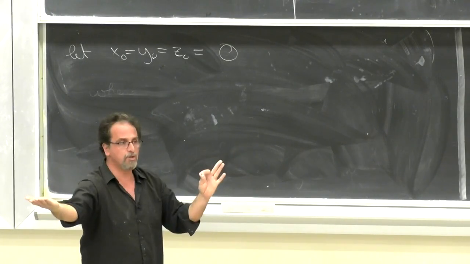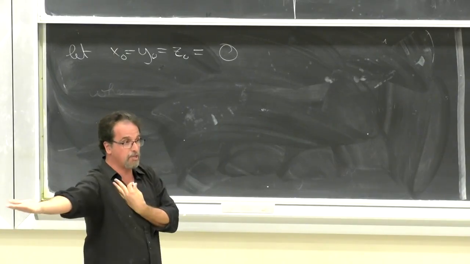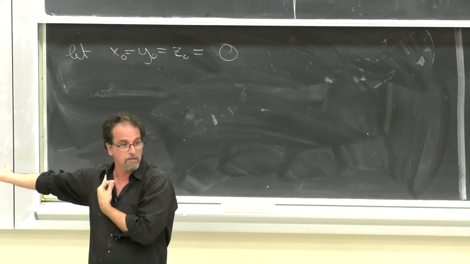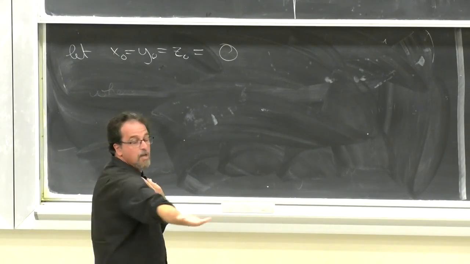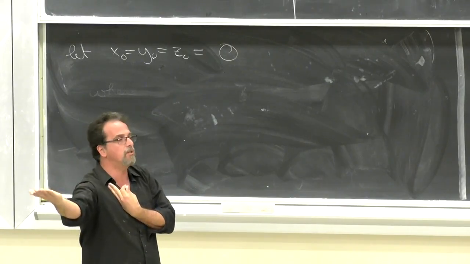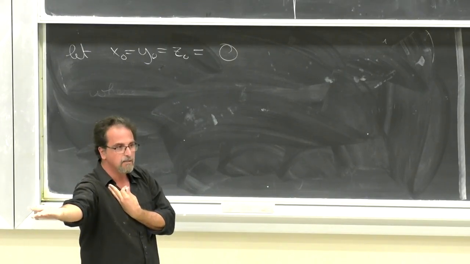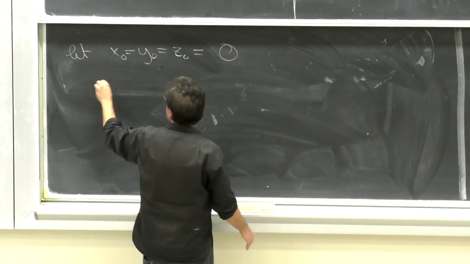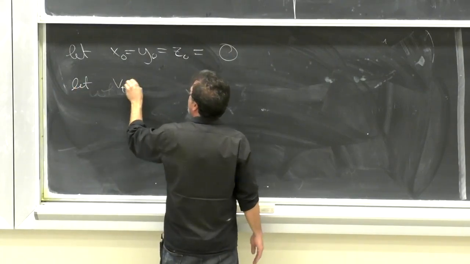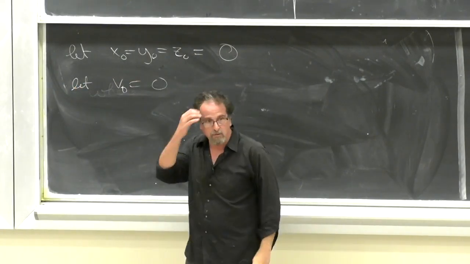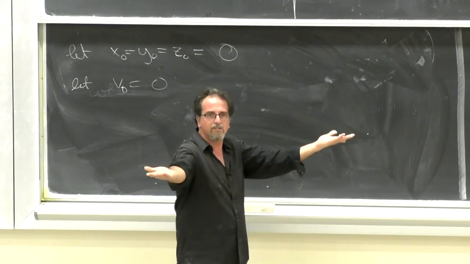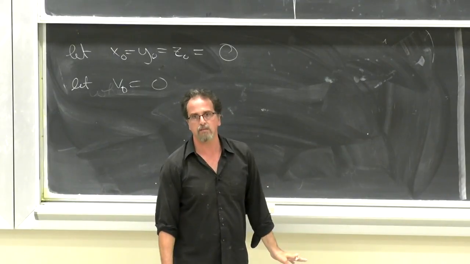Okay? In other words, I will choose my direction of motion because there is invariance, because there's horizontal symmetry. I will choose my direction of motion to be along one of the axes. Okay? And what that means is let v0 equals 0. This doesn't make it less general. It just means I've chosen the right coordinate system to make the algebra work out nice.